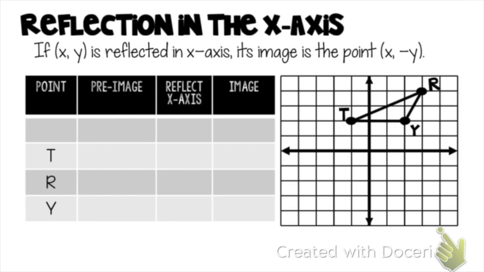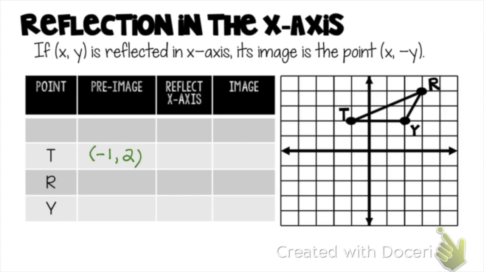So we have some rules with our x and y values that we're going to need to think about with these. So the pre-image is the original image. So we're going to find our original point. So T is going to be at -1, 2.